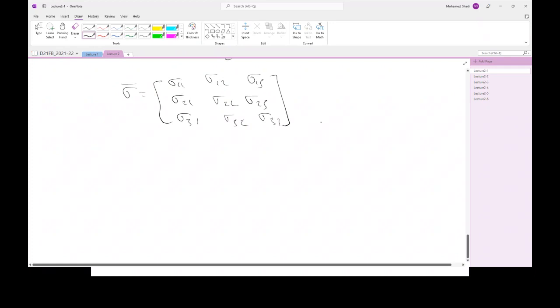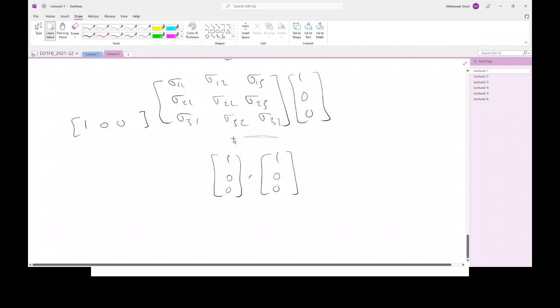If you want to find which component is associated to E1 and E1, as I said, because you have two directions in there, you multiply it by E1 from left and from right. So I'm just going to multiply it by E1 from left. This is 1, 0, 0, and 1, 0, 0.